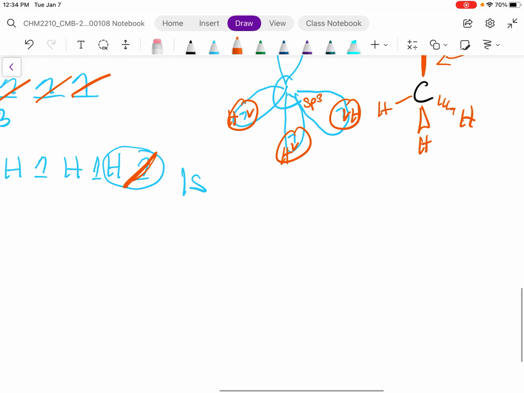So if we complicate things a little bit more now, what if we take a molecule and add another carbon? What if we take a look at ethene? All right, ethene looks like this.